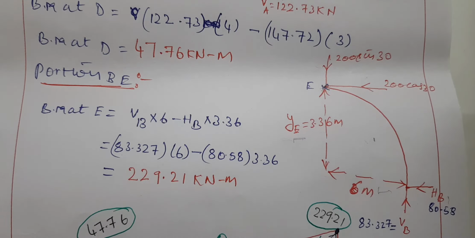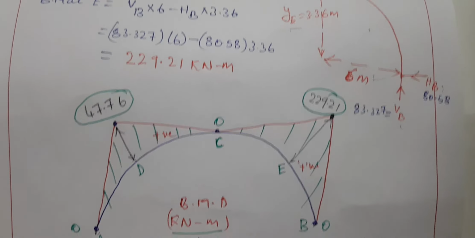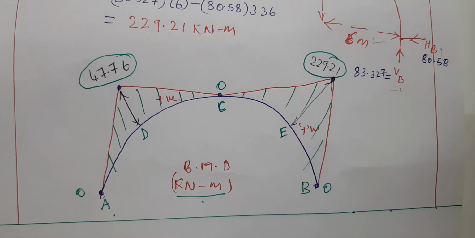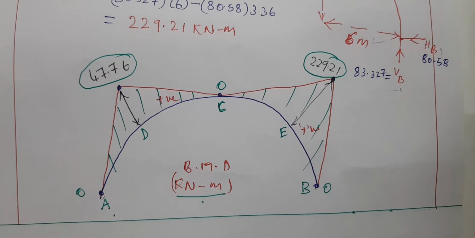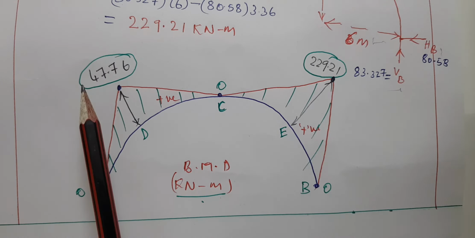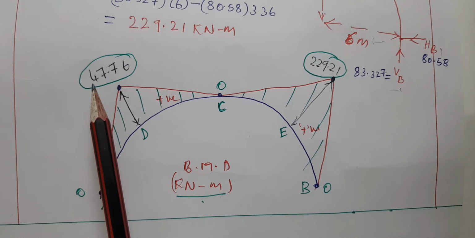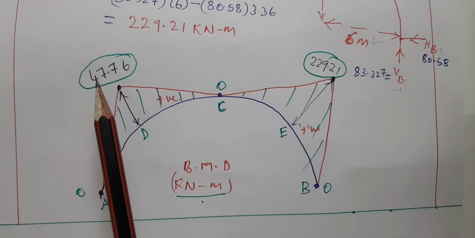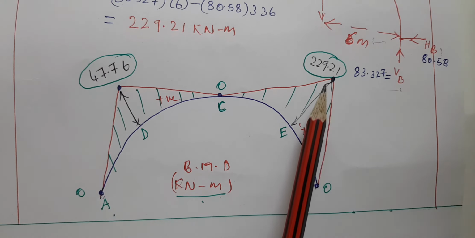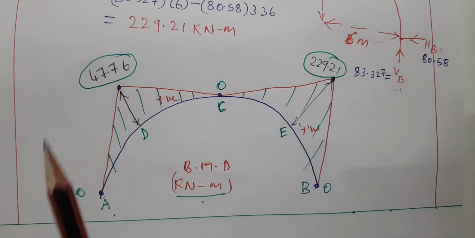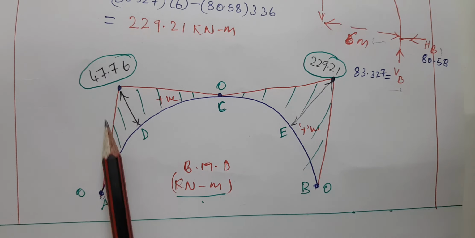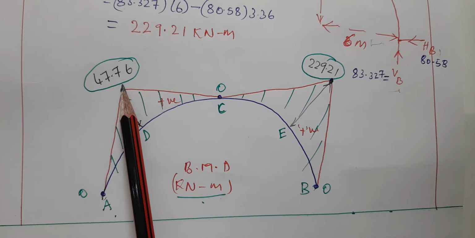Now, while drawing the bending moment diagram, we have to take care that these are point loads, so we draw inclined lines. The values are 47.76 and 229.21, and the units are kilonewton meter.